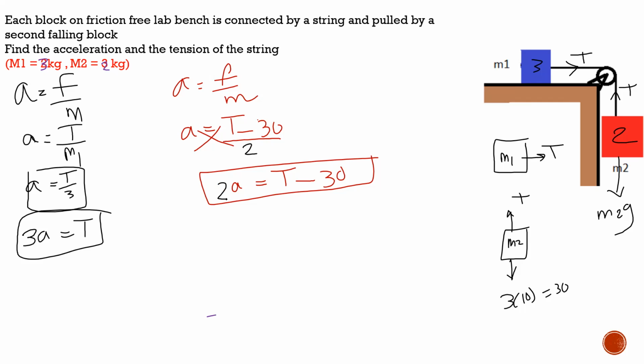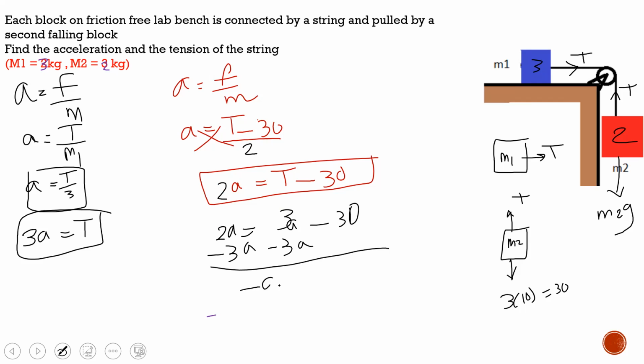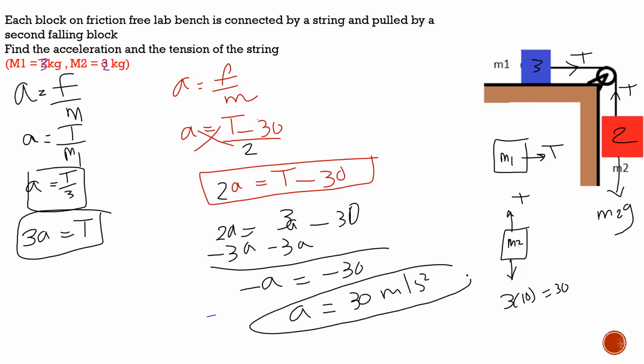Now let's replace t with 3a: 3a minus 30. So minus 3a, minus 3a. So negative a equals negative 30. So our acceleration here is 30 meters per second squared. So by this way we found the acceleration. Now let's replace it here. We will find that the tension here is 90 Newton.